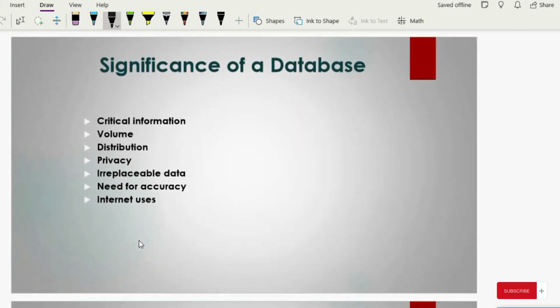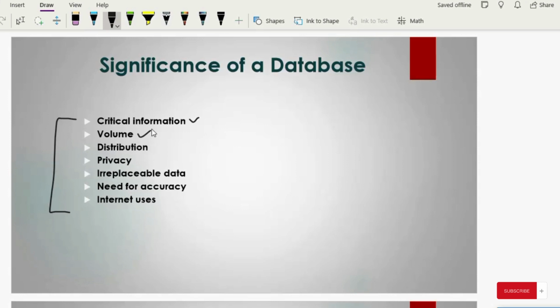Why are the databases important, why are they significant? They are significant because of the following reasons. Starting with critical information. In an organization, the databases store valuable, very important information for the organization. So that's why they are significant, because millions and billions of dollars of business are stored in the databases.